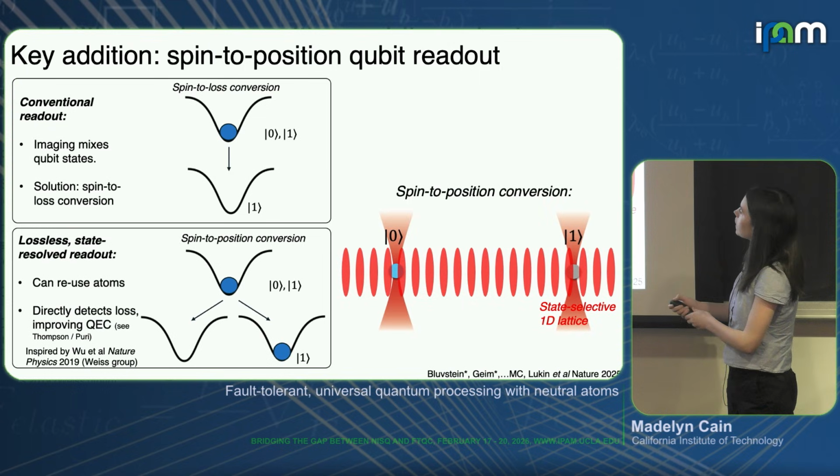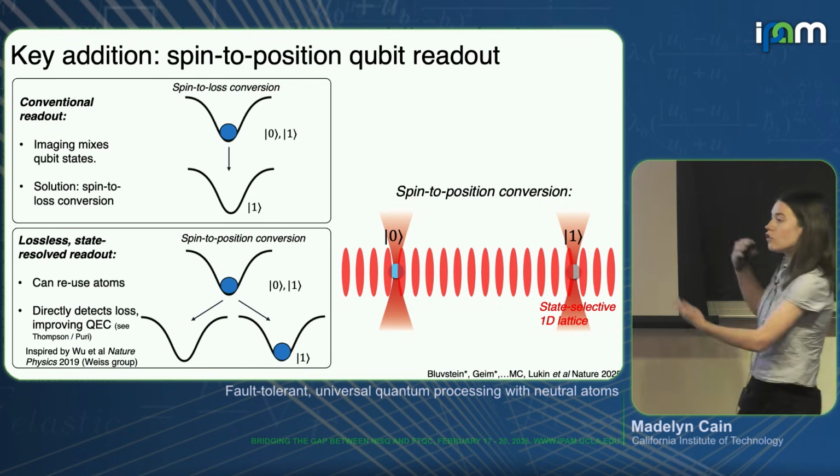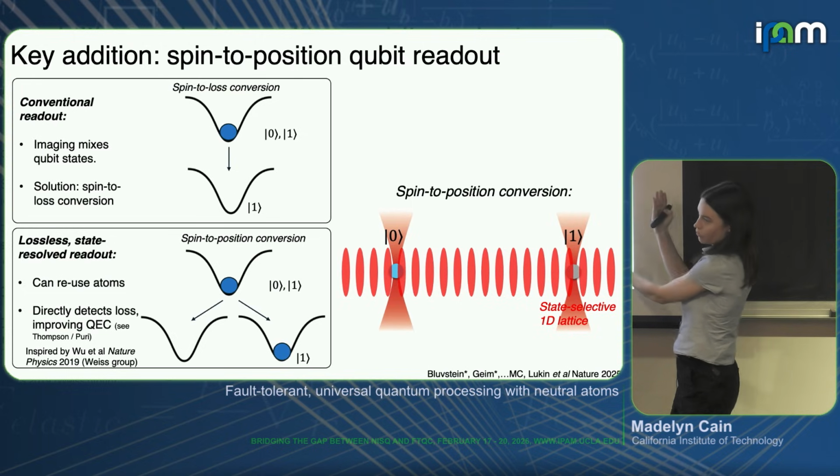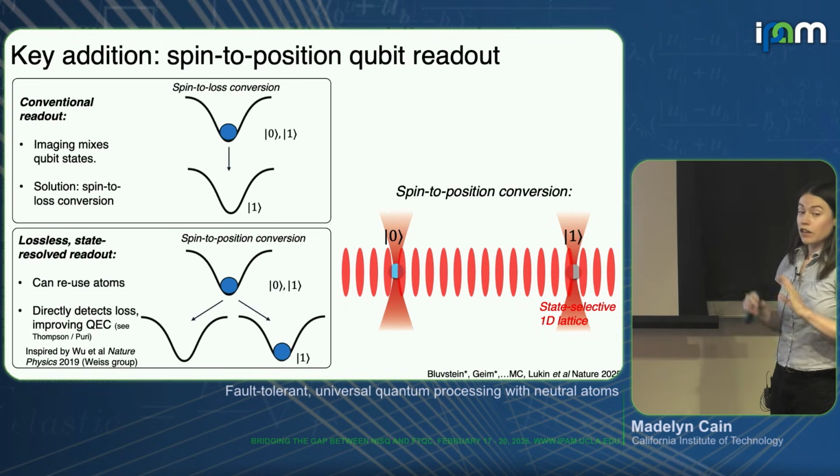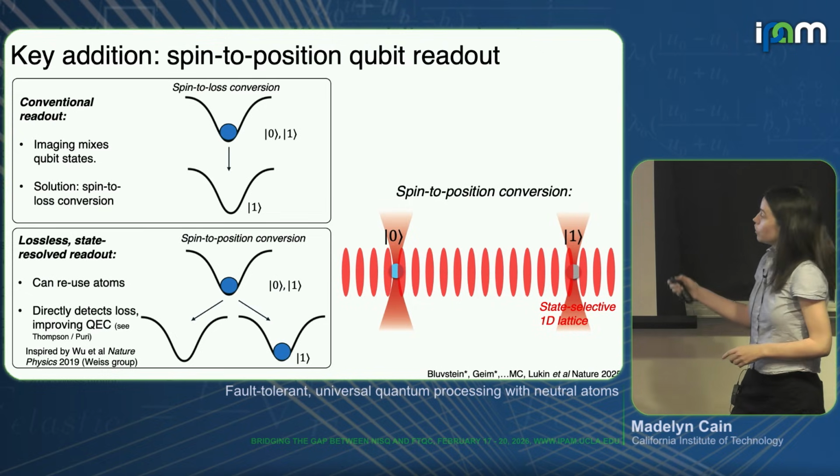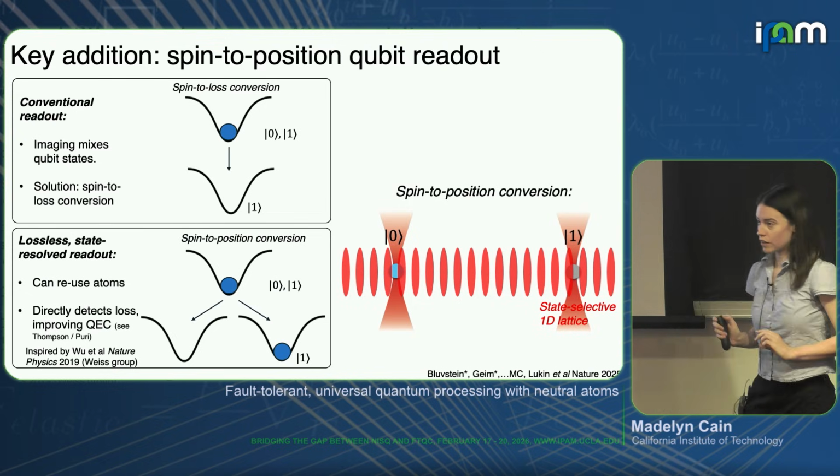As a result, we can separate the 0 or 1 states and take a picture, and then know which state we were in based on whether we were on the right or the left side. And if we saw that we were in neither, then we know the qubit was not there to begin with.